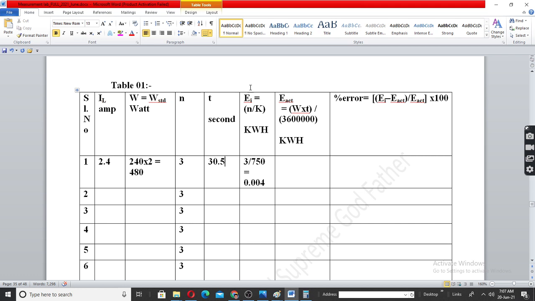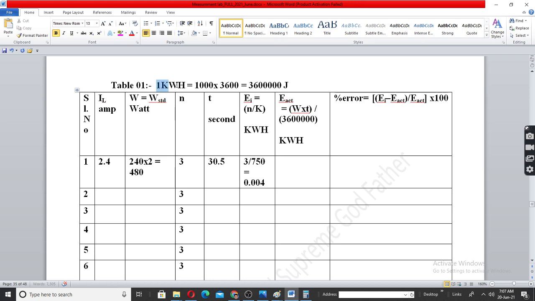1 kilowatt hour means 1 kilo, which is 1000, into watt, and 1 hour means 3600 seconds. So when you multiply 1000 and 3600, you will get 36 lakhs, or 3.6 into 10 to the power of 6 joules.